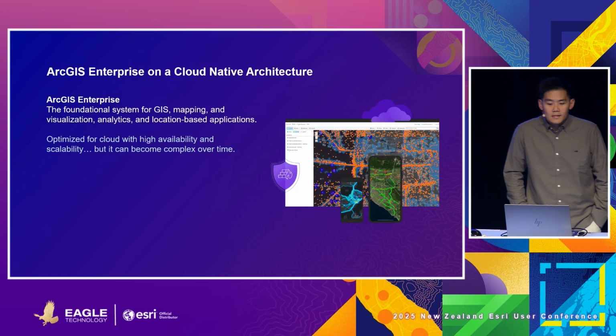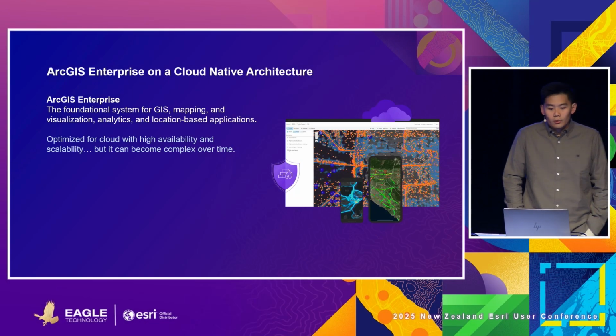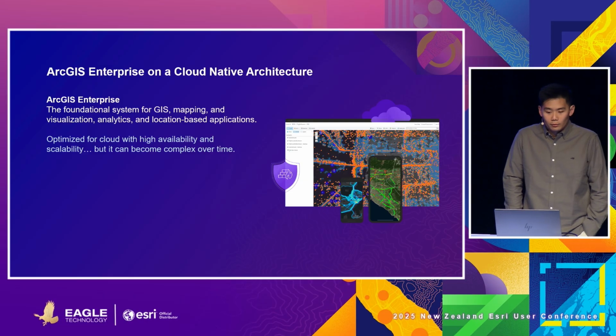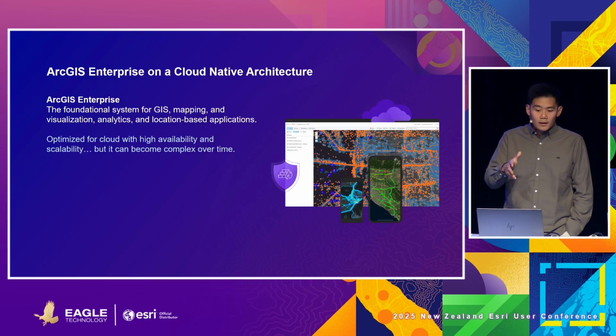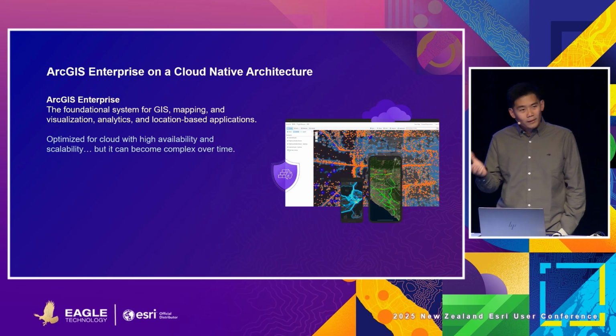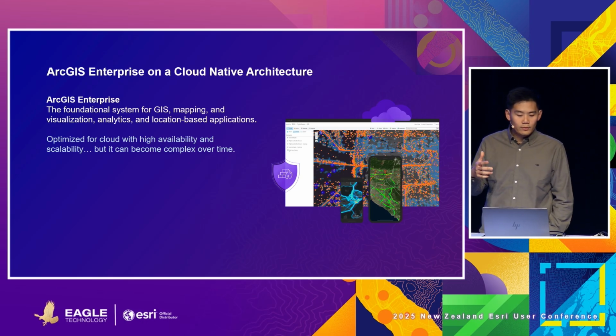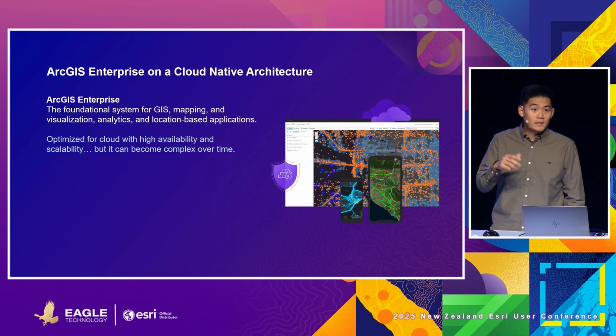So, right, now we'll go into this. ArcGIS Enterprise is the foundational system for workflows and applications that rely on location data, supporting your whole organization. But with so many users across teams and departments, it can sometimes be challenging to design and maintain a complex environment that meets everyone's expectations for performance and uptime.